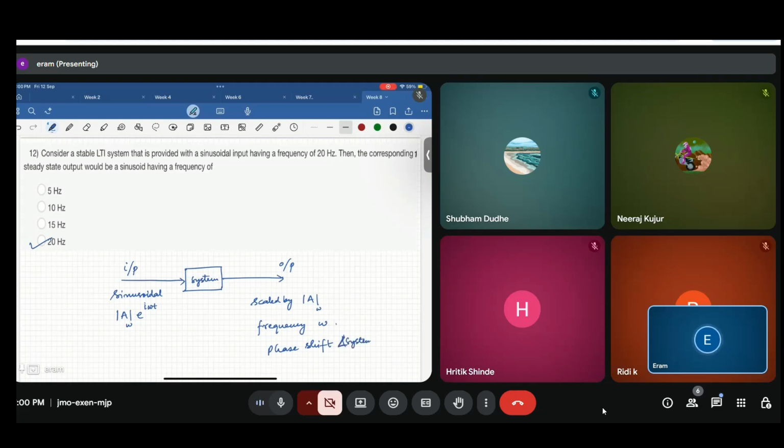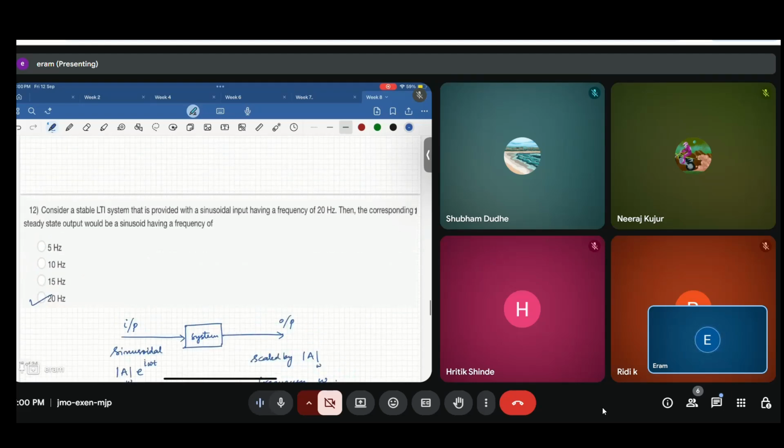The angle of the system at the frequency omega. So in this question we have provided input of frequency 20 hertz. So the output at steady state will have the frequency equal to 20 hertz only. There will be a phase shift, but we are not asked about any phases, so the frequency is just 20 hertz.